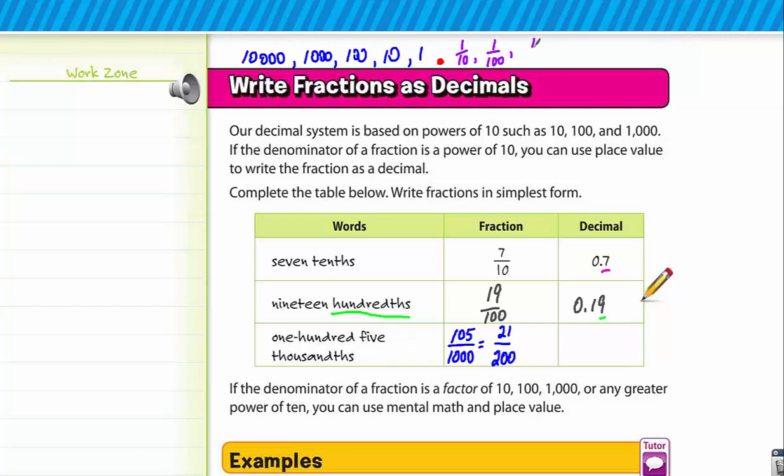I hope you're writing this in. And the thousandths and the 10,000ths. And we'll do one more, the 100,000ths. I'm going to go one more this way and do the 100,000s.